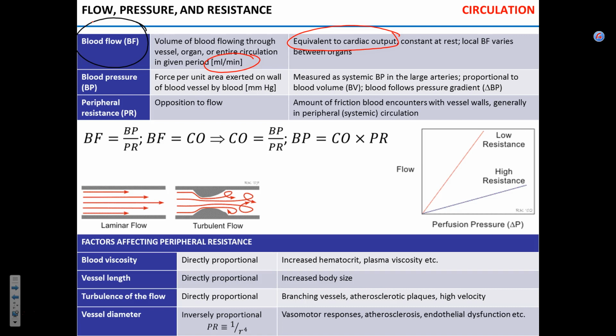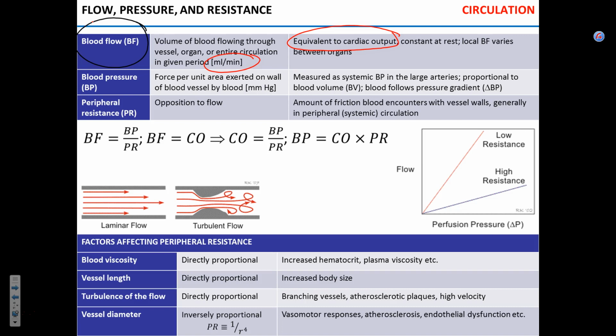What's the blood flow through the kidneys? If systemic is 6 liters, the quarter of it will be 1.5 liters per minute. Does that make sense? Say, cerebral blood flow is 15%. If 6 liters per minute, 0.9 liters per minute. Are we clear? So I want you to appreciate that blood flow is the volume over time.